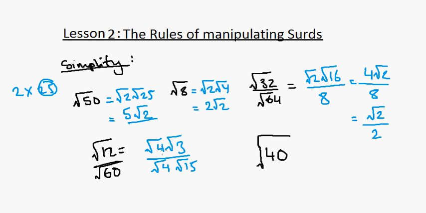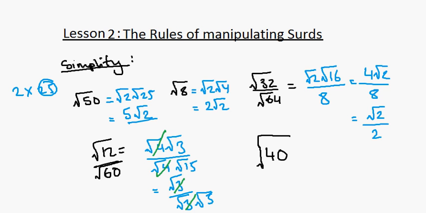We have 2 square numbers that we can both cancel out, so I suggest we do that instead. So let's cancel these out. So now I have root 3 over root 15. We can turn this into root 3 over root 3 root 5, which these cancel out.